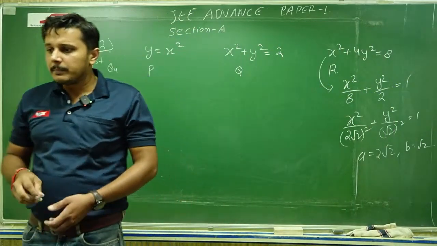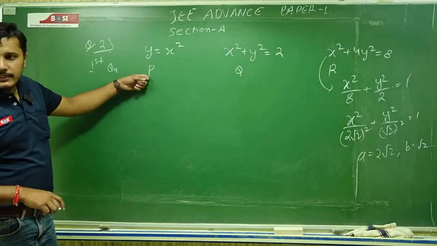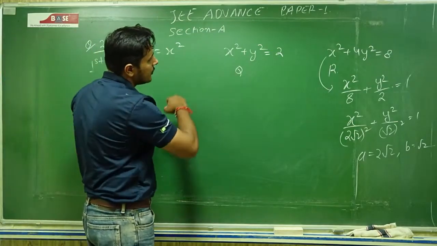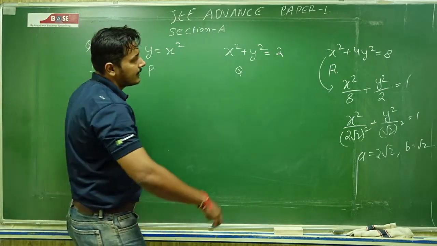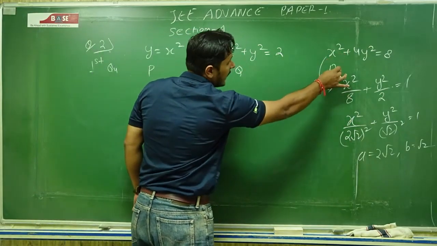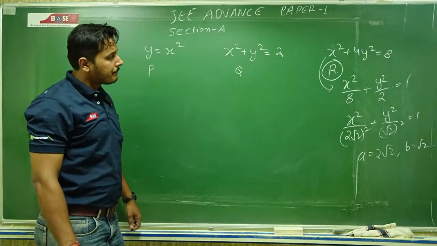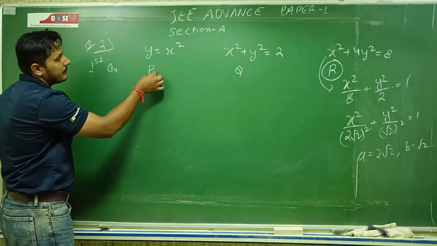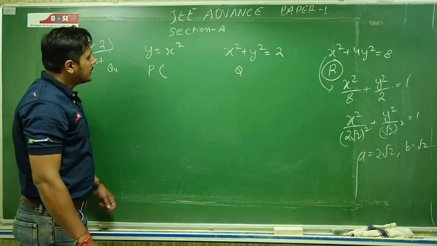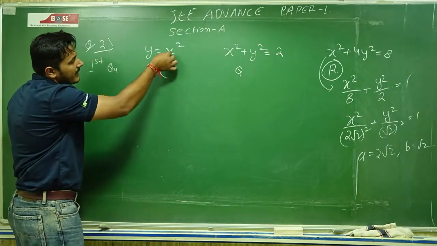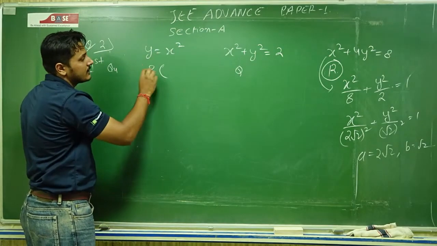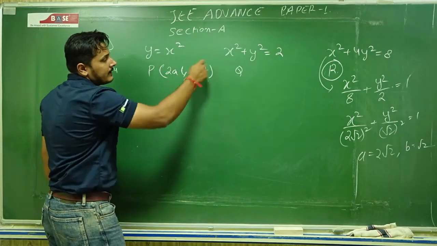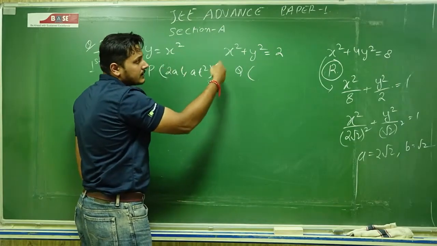They are talking about the point that at some point P the slope of tangent is 4, at some point Q the slope of tangent is -1, and at some point R is the point. As we know, tangent is a line. So let me write the general coordinates. For the parabola y is equal to x square, the coordinates are (2at, at square). For the circle the coordinates are r cos theta and r sin theta.